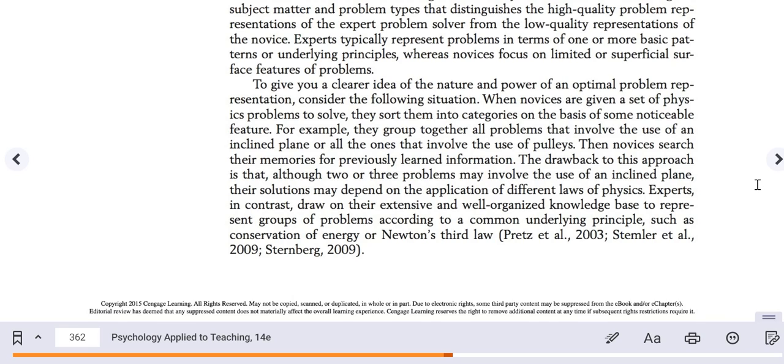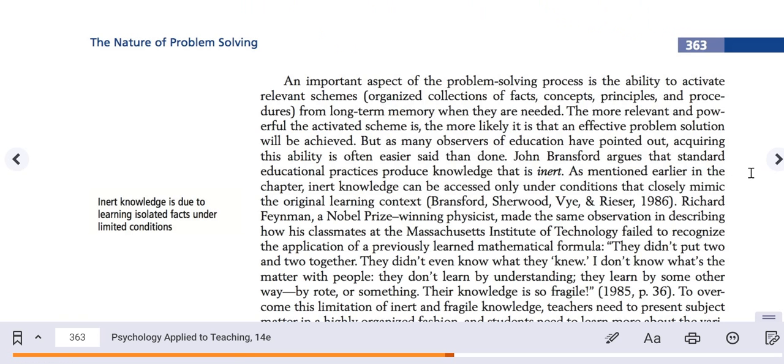Experts, in contrast, draw on their extensive and well-organized knowledge base to represent groups of problems according to a common underlying principle, such as conservation of energy or Newton's third law. An important aspect of the problem-solving process is the ability to activate relevant schemes, organized collections of facts, concepts, principles, and procedures from long-term memory when they are needed.